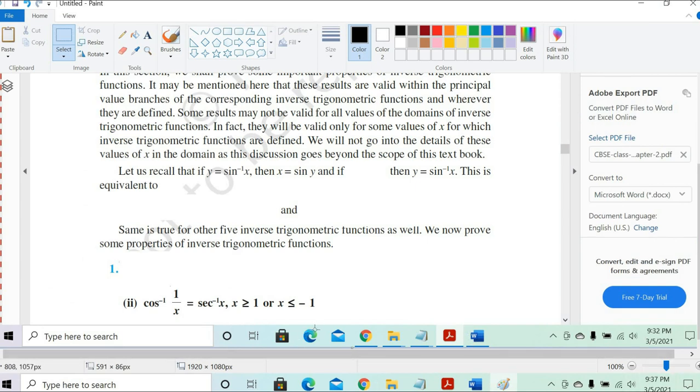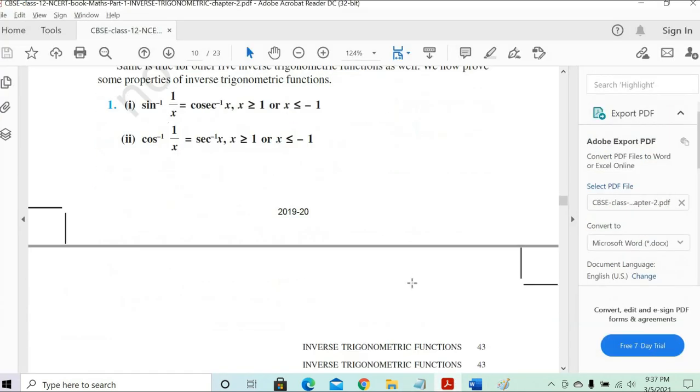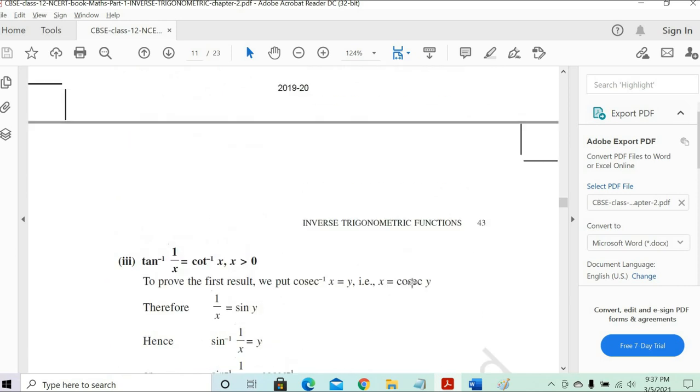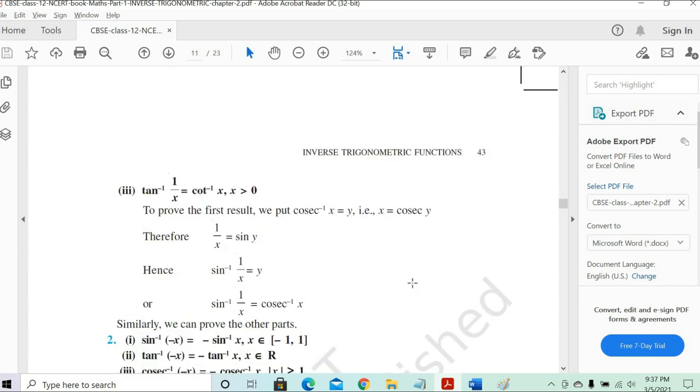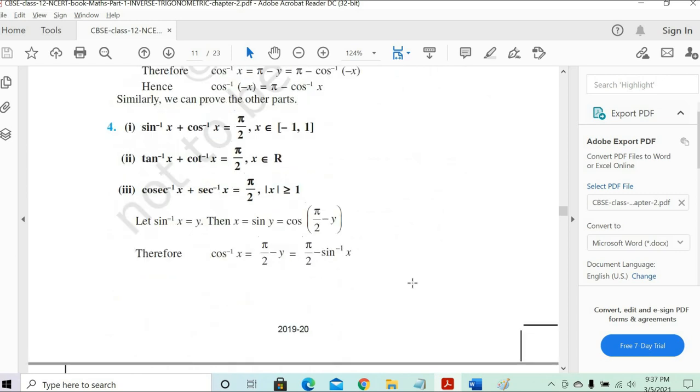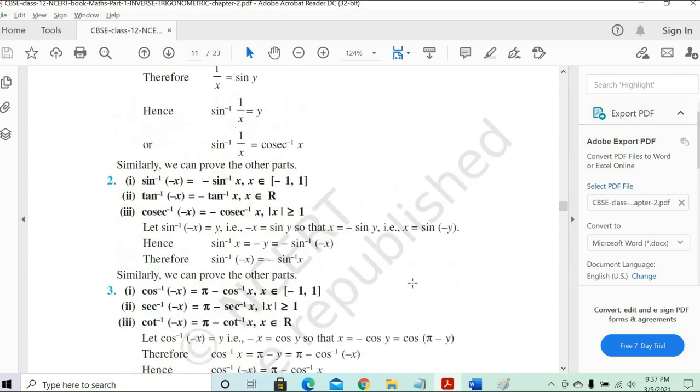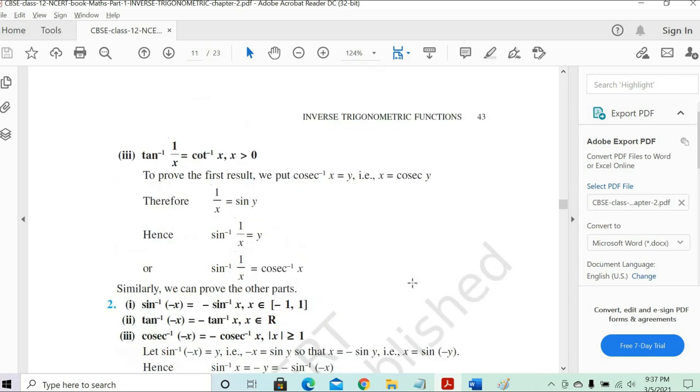So we need to prove it now. One by one we'll try to prove it. We'll prove the first property, and after that we'll see the other properties. One simple example we'll try to prove.